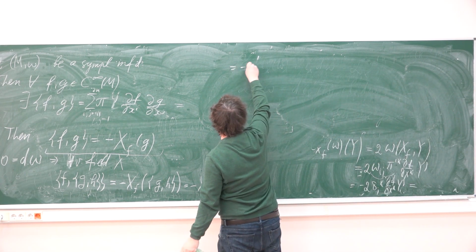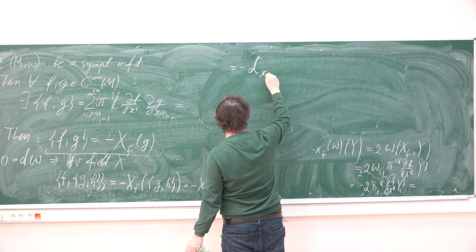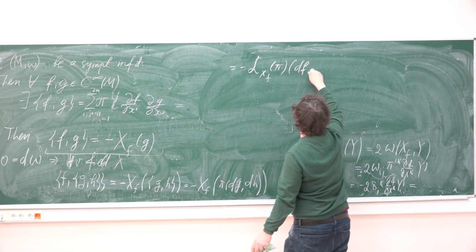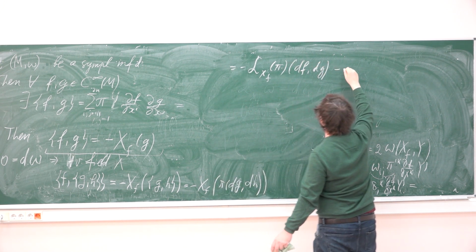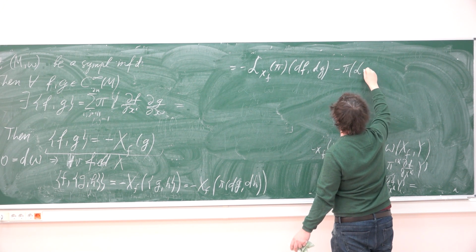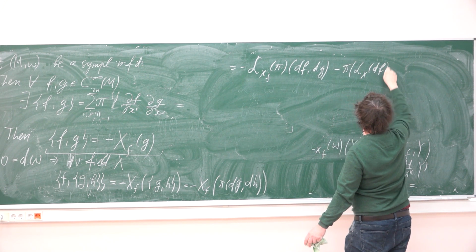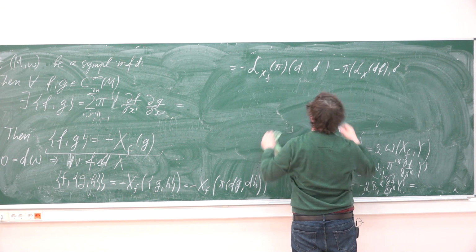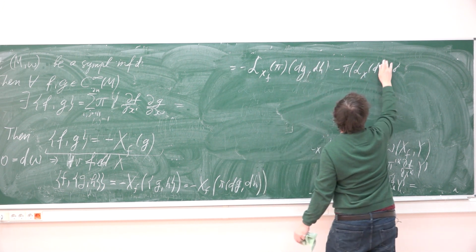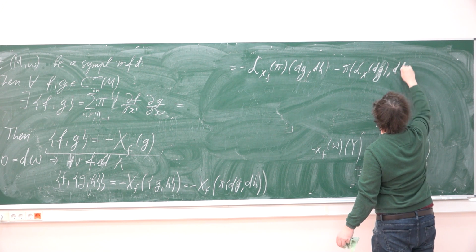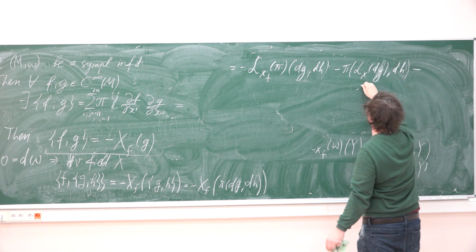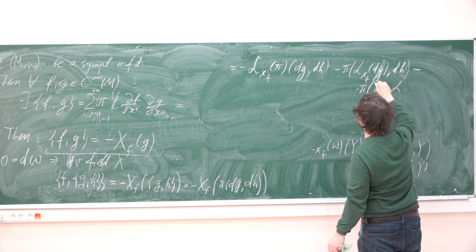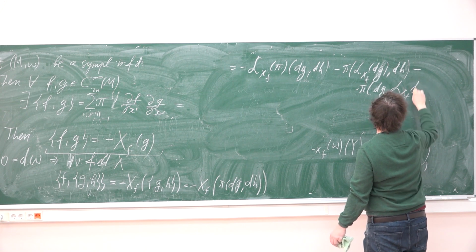So it will be equal to minus Lie derivative of x sub f applied to pi, applied to df dg dh, minus pi Lie derivative of x applied to df, dg, dh, minus pi of df dg Lie derivative of xf dh.